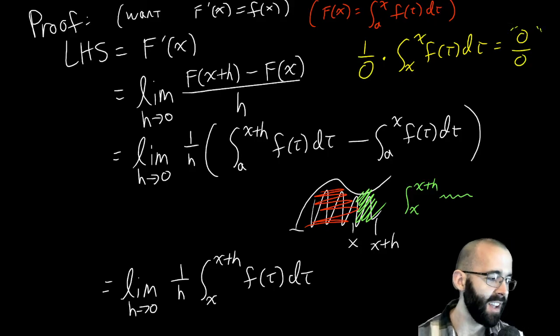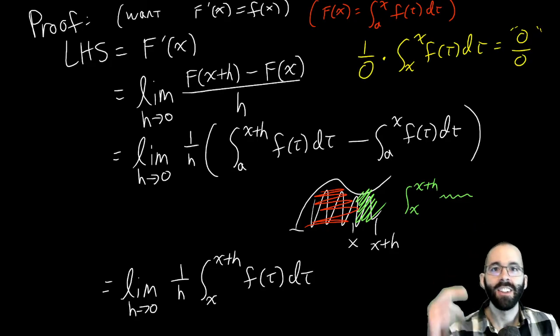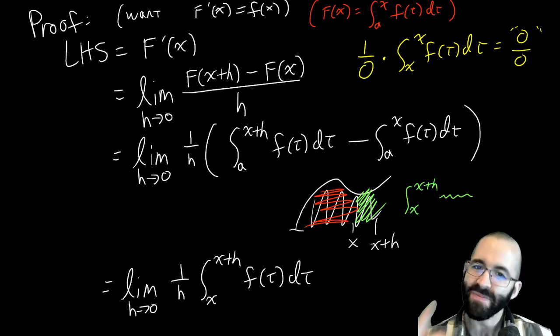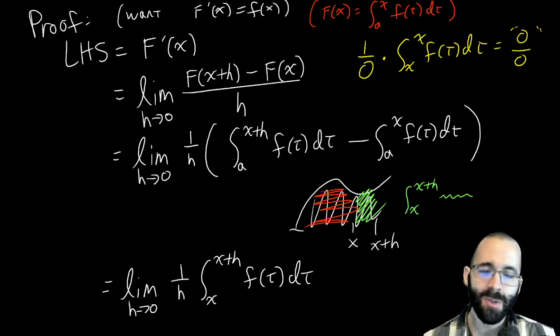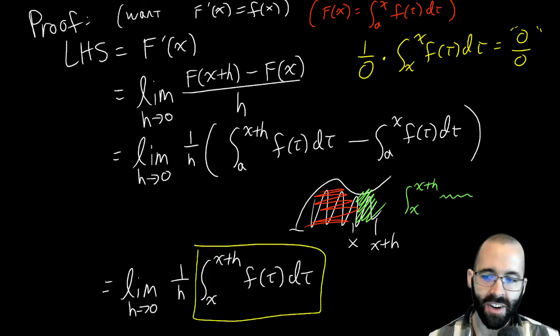It's undefined. And now I'm hoping that you think, aha, Jason, I know what to do next. Let's use L'Hopital's rule, right? 0 over 0, and we have a limit. L'Hopital's rule is great for that. The problem with L'Hopital's rule here is, to do it, we'd have to take the derivative of this function.